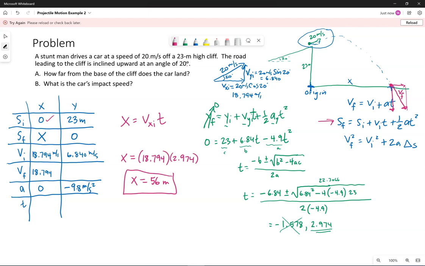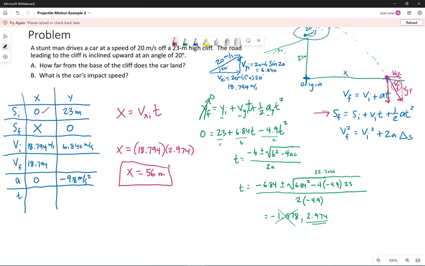Part B, again, it wants to know the speed, how fast the car is traveling right before it hits the ground. So we know it has an x component and a y component of velocity. So part B, the impact speed, v final, can be found by the Pythagorean theorem.